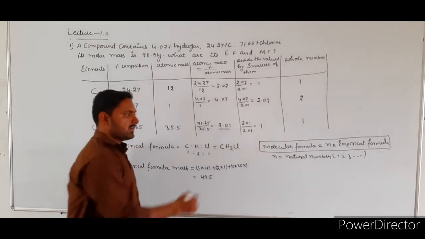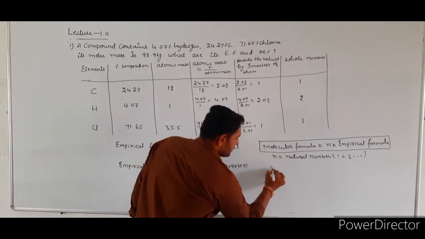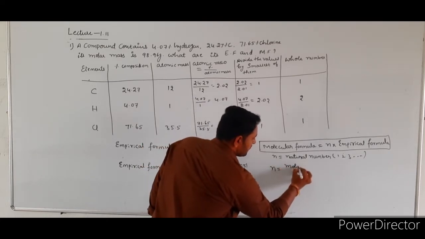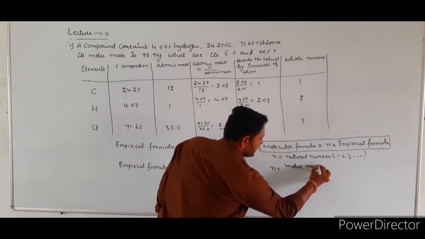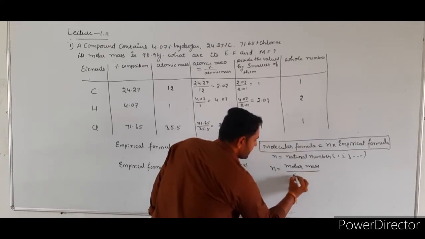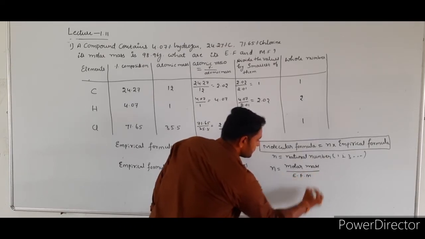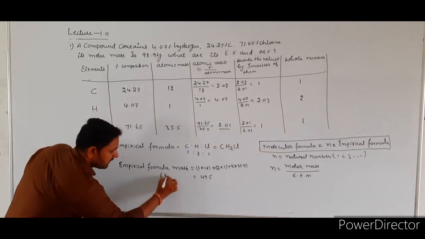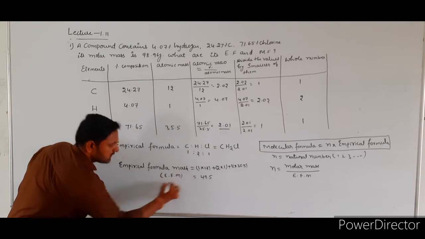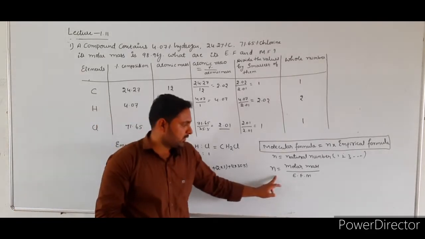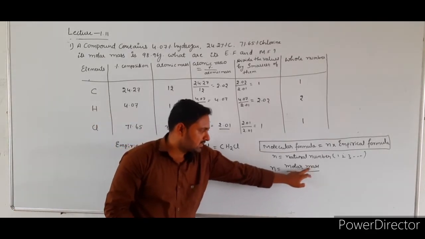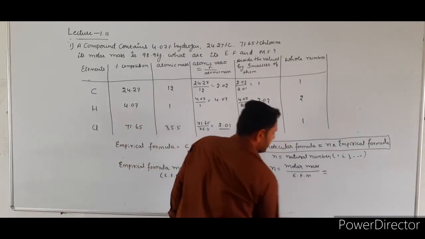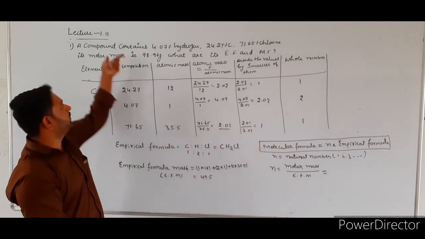To calculate n, we use this formula: n is equal to molar mass divided by empirical formula mass. Now you calculate the n value. What is the molar mass of this compound?